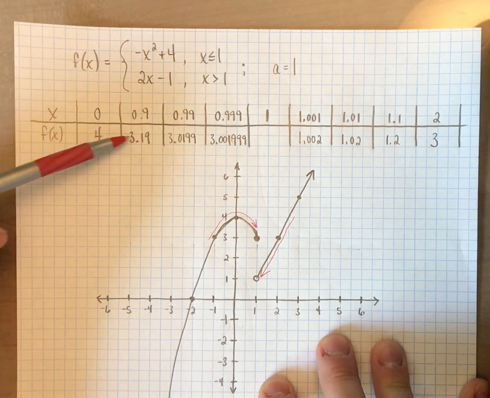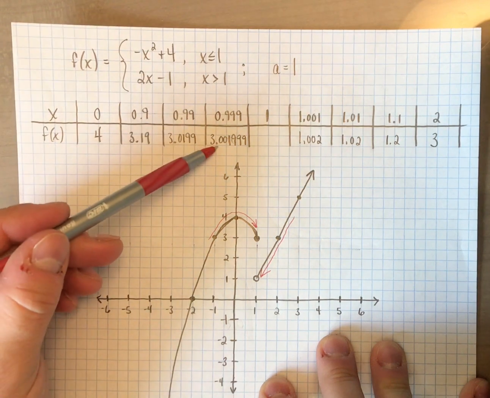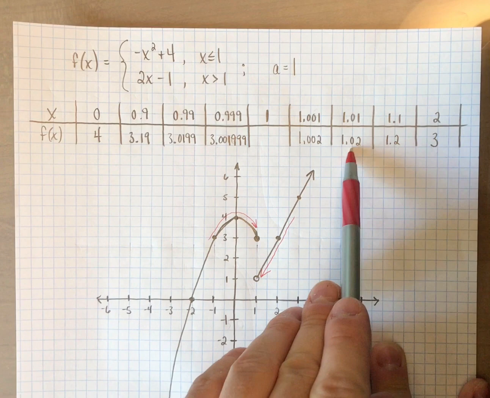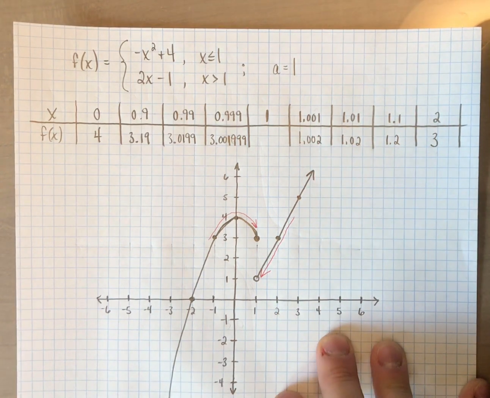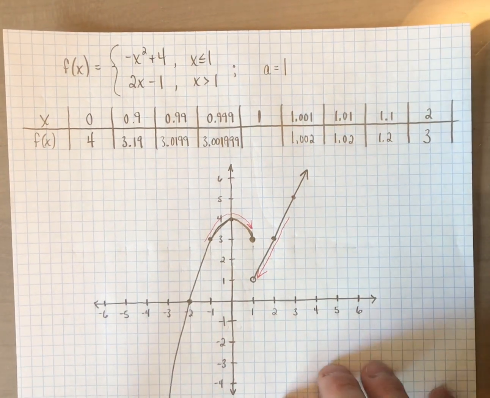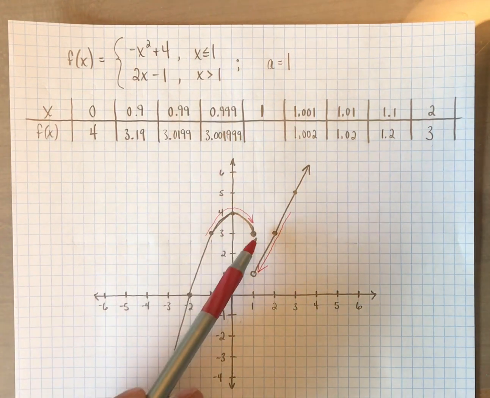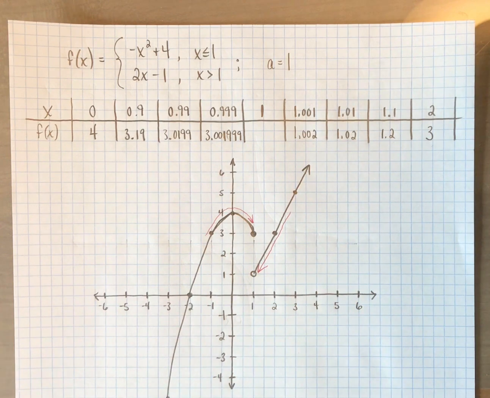Coming from the left side, these values seem to be approaching 3. Coming from the right side, those values seem to be approaching 1. So even though the left side limit exists and the right side limit also exists, they do not equal the same value. Therefore, the two-sided limit does not exist, and sure enough, the arrows do not meet up at the same point.